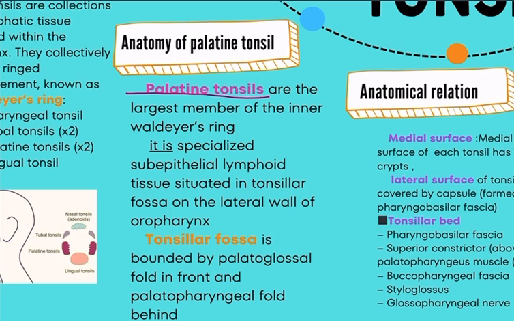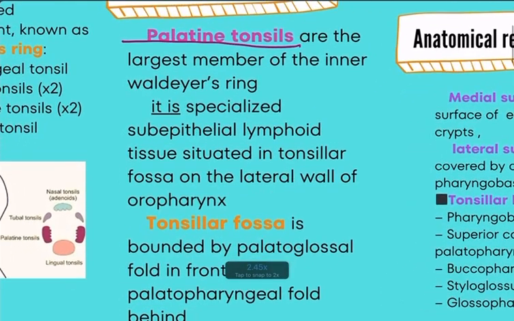So what is the palatine tonsil and what are the important clinical anatomical points related to it? The palatine tonsil, as I mentioned before, is the largest member of all the tonsils that contribute to Waldeyer's ring. It's a specialized subepithelial lymphoid tissue located in the tonsillar fossa on either side of the oropharynx.